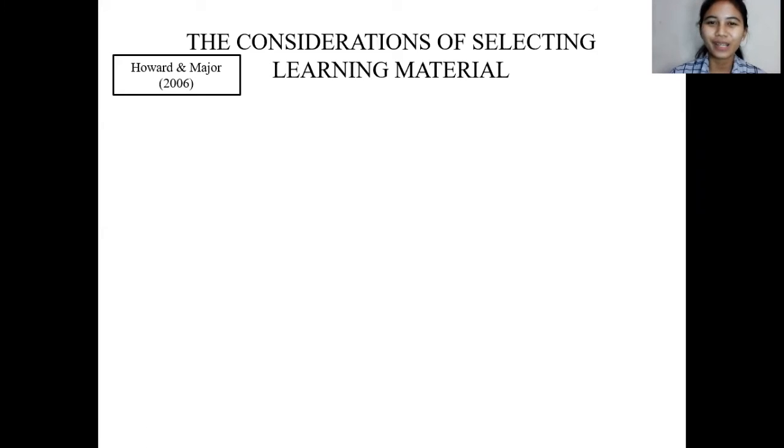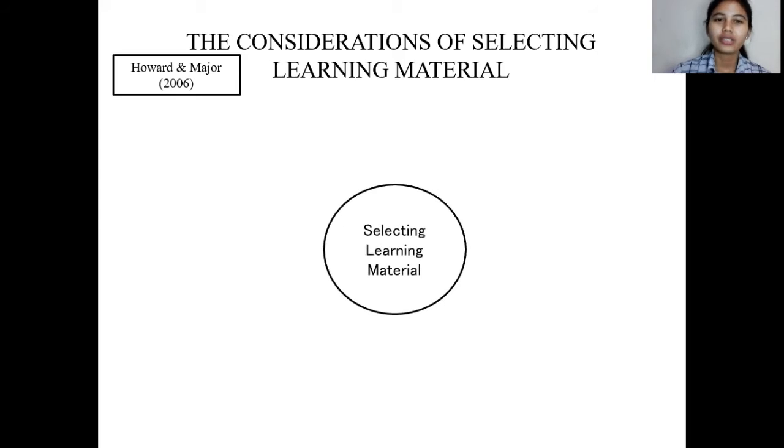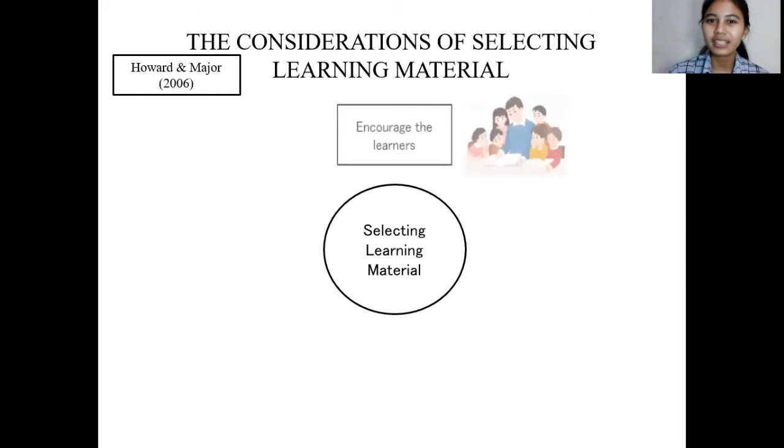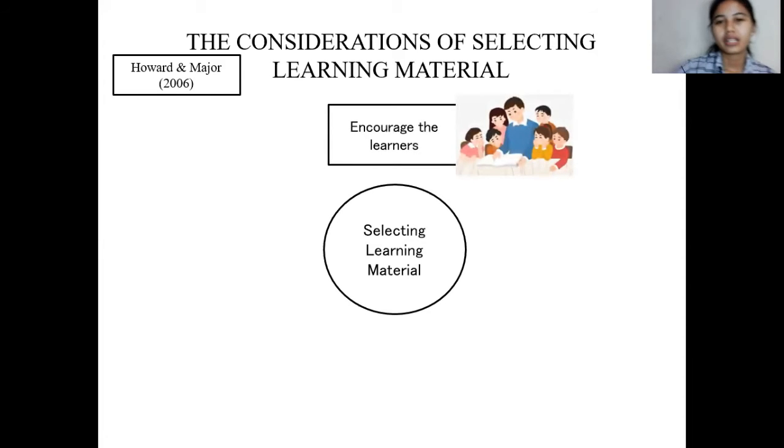Alright, now I will continue the explanation for number 6 and number 7. For number 6, the considerations of selecting learning material. According to Howard and Major in 2006, in selecting learning material, the first thing to do is to encourage the learner's understanding, language features, and also their skills through developing the material for teaching.